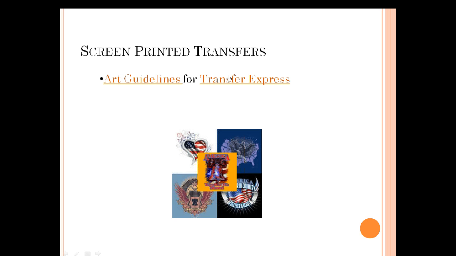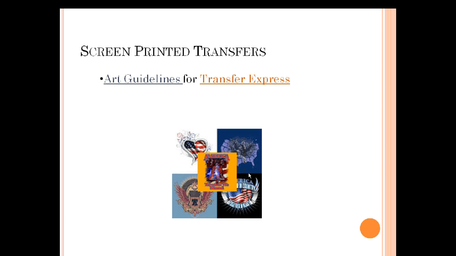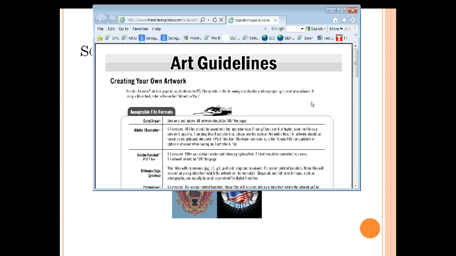So for screen printed transfers, you can access the art guidelines for Transfer Express. And then we'll open that file. I can also include this as a PDF or the link in my blog post, but you can also access it from your PDF here.